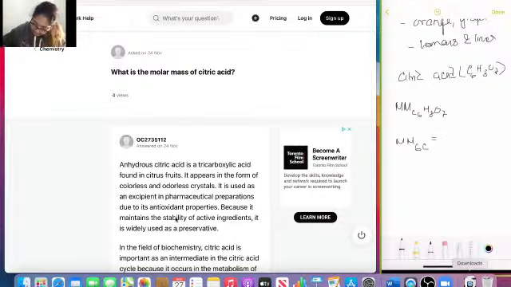The molar mass of one carbon atom is 12.01 grams per mole, and you have to multiply this by 6 since we have 6.